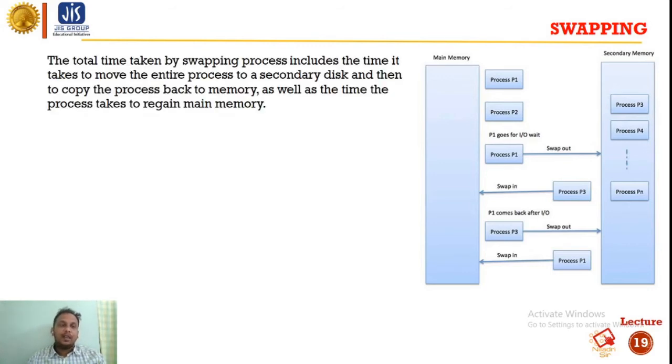The total time taken by the swapping process includes the time it takes to move the entire process to a secondary disk and then to copy the process back to memory, as well as the time the process takes to regain main memory.